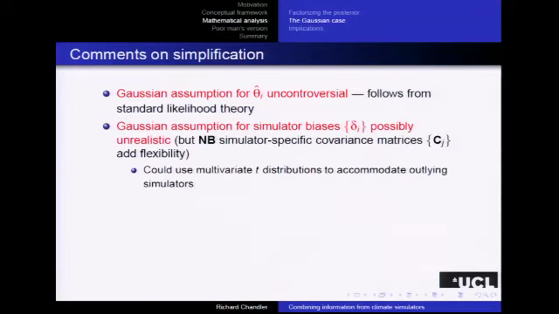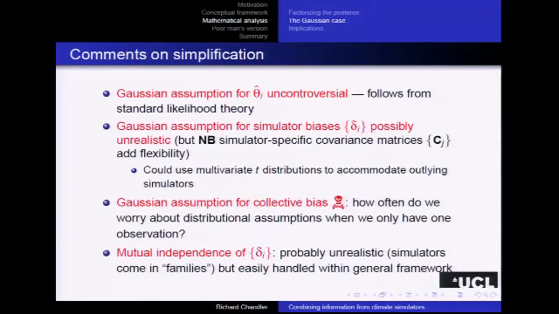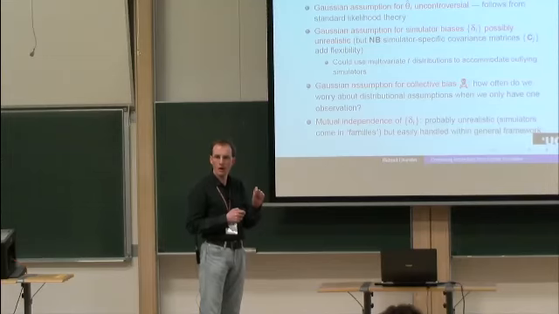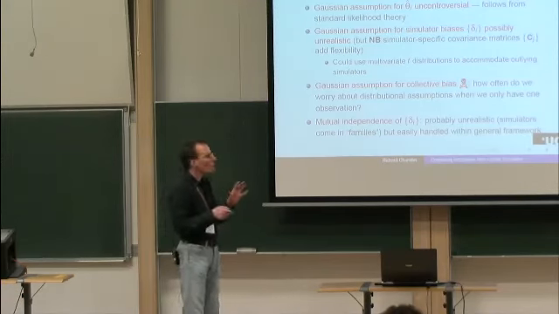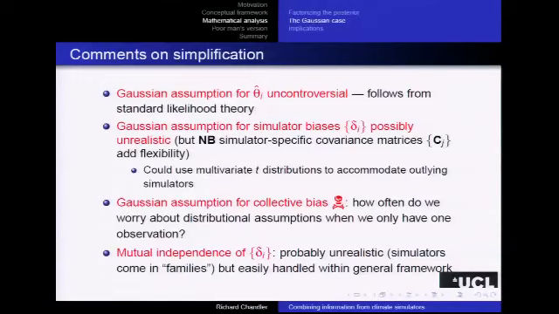Now, I can make some comments on that. This is a simplified case where I'm assuming that everything is Gaussian, but actually those Gaussian assumptions are not that restrictive. There are situations in which you wouldn't want to make them, but I think they're sufficiently unrestrictive in practice that this situation can give us a lot of insight into what's actually going on in a multi-model ensemble.